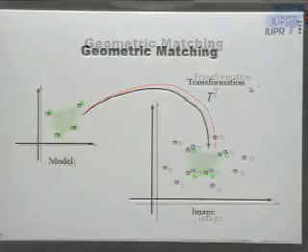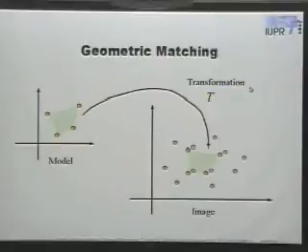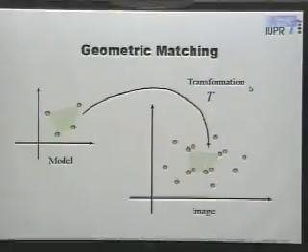And what we're looking for is a transformation that maps model points into the image, that brings model and image points into close correspondence. And the set of transformations that we consider is something that we specify at the beginning. That's part of the problem specification.